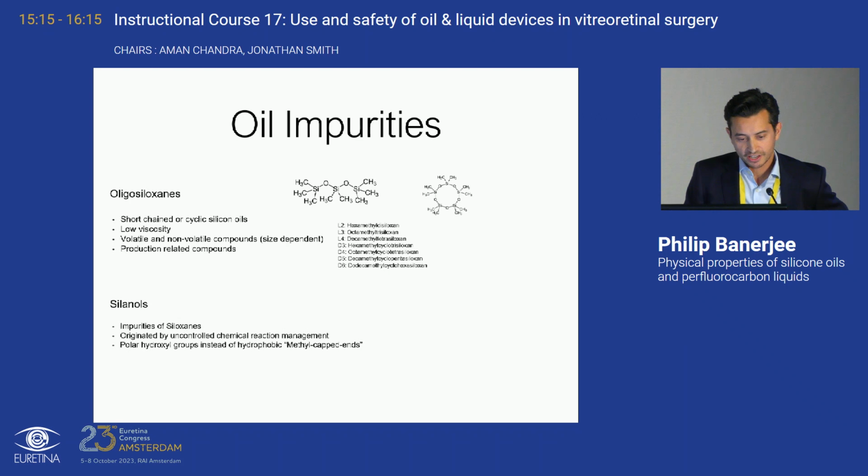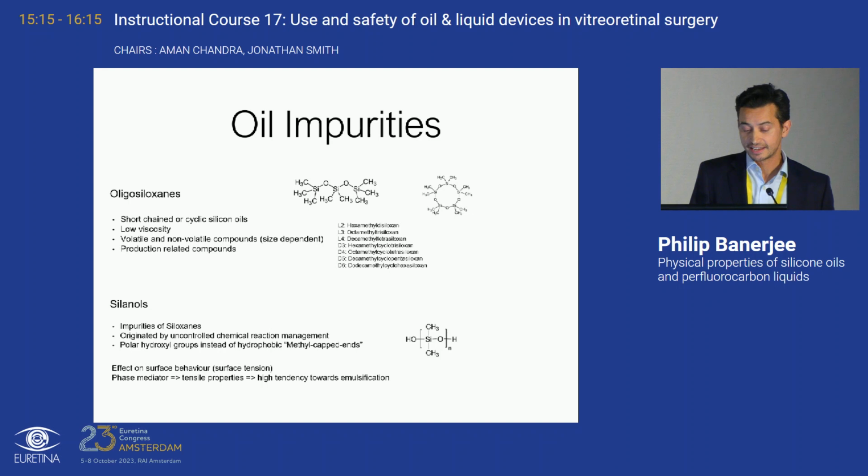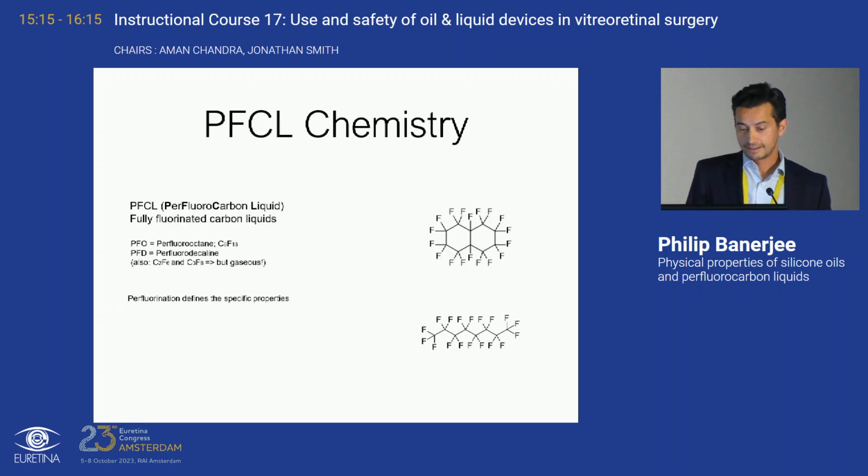But oligosiloxanes and silanols are impurities that may occur during manufacture and processing, and aside from their direct or indirect toxic effects on the retina, they may affect the physical properties of our oil bubbles through a reduction in surface tension, because, as I referred to earlier, they may act as surfactants, reduce the surface tension and perhaps increase emulsification rates.